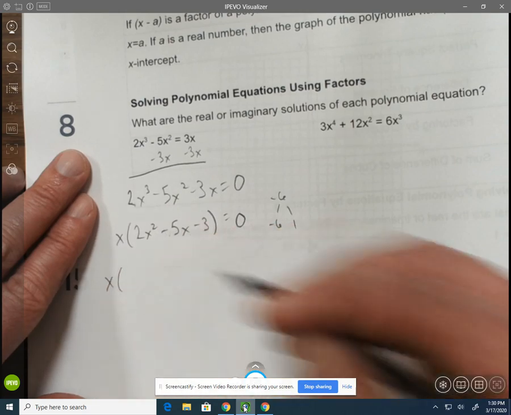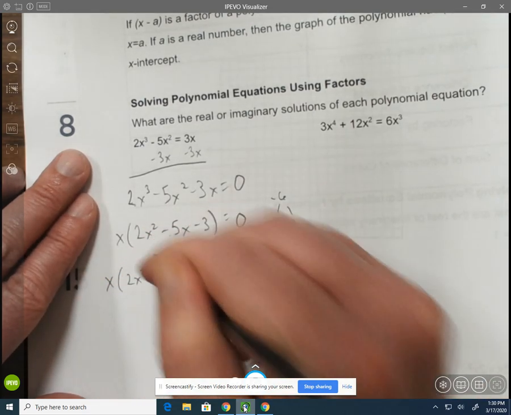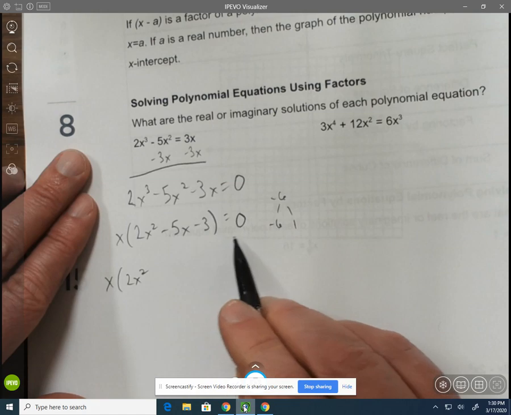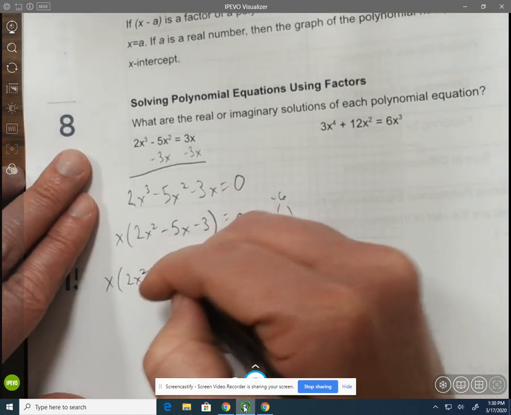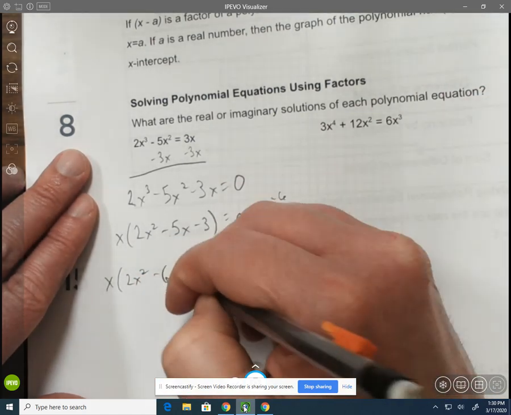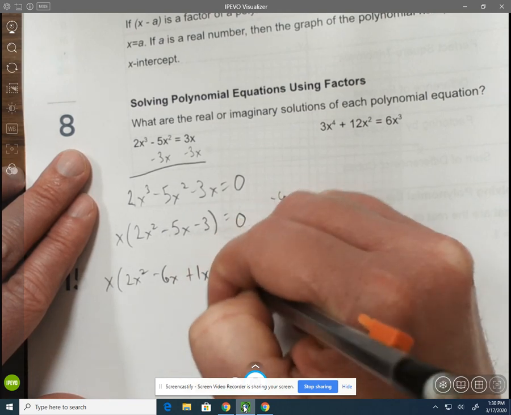So that'd be x and 2x squared. Now I'm uncombining the negative 5x using these two numbers that I just found. So that'd be minus 6x plus 1x minus 3.